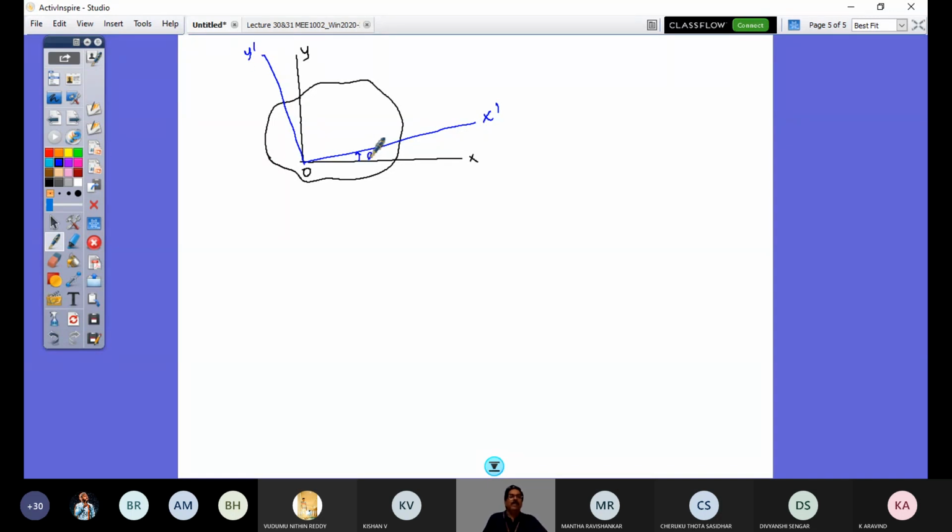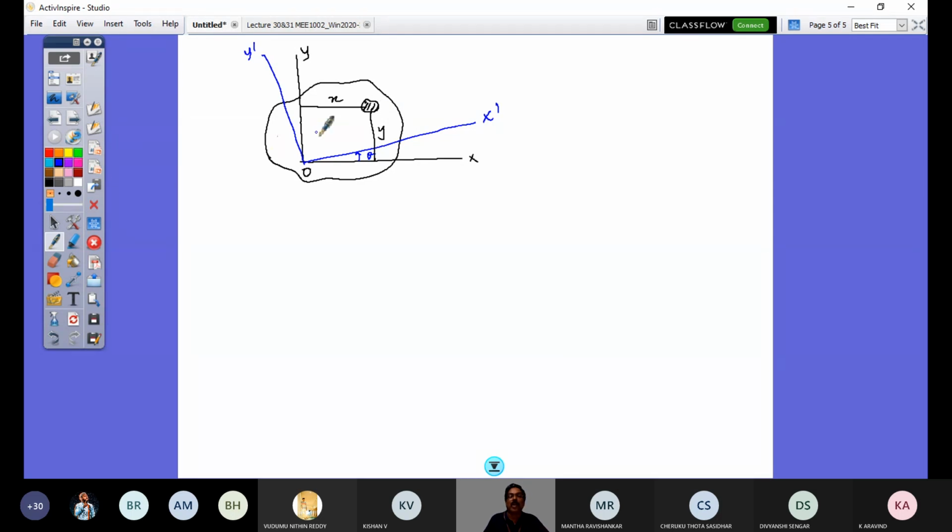So now let me consider an elemental area. This elemental area is located with respect to my x and y axis. I would say this is my x length and this is my y length. Now with respect to the new x'y' axis, the distances are represented by x' and y'.